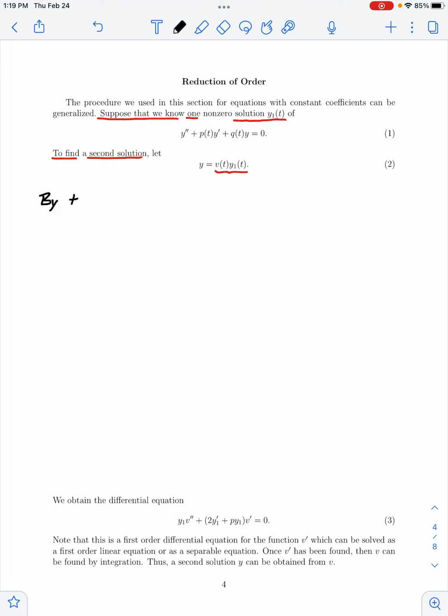So here, by making use of the product rule to differentiate, our derivative, y prime, would be given by v prime times y1, plus v times y1 prime.